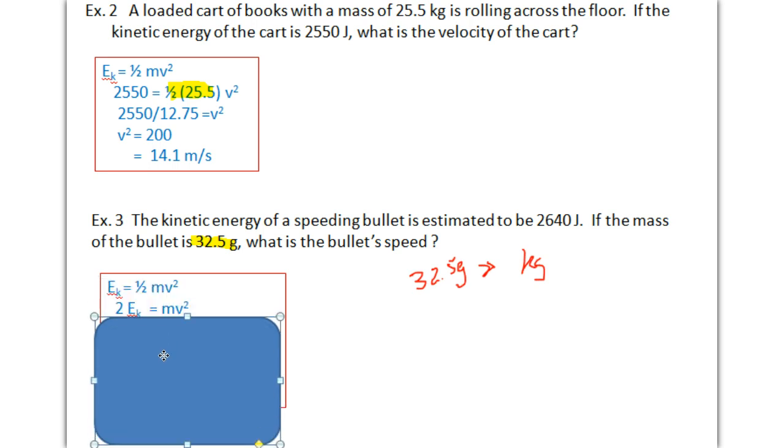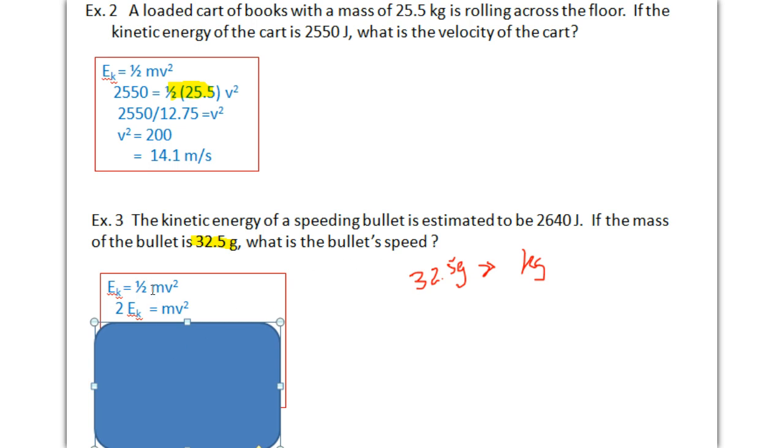So again, fill in what we know about the formula. And what I've done in this case, I just removed the half first. For some of you, you may want to do that first. You can put your numbers in if you want, but in this case, some of you may want to change the formula around and solve for the variable. So we decided to do that and find the bullet speed.